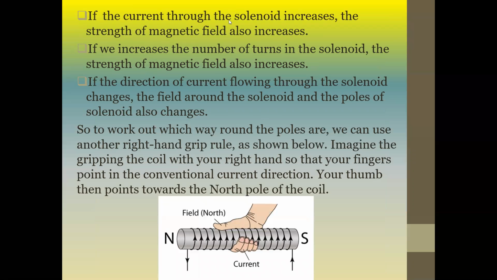So this is the right hand grip rule: the fingers turn in the direction of the current and the thumb will point towards north. One side we have north, the other side south, and the magnetic field is from north to south. Is it clear, this topic? The magnetic field due to a current carrying conductor.